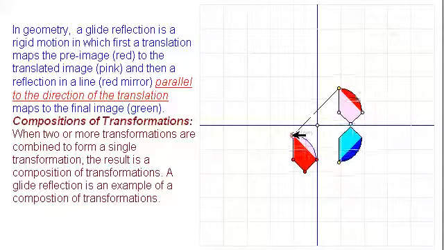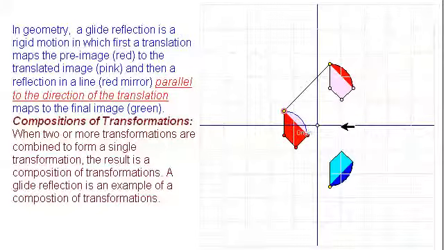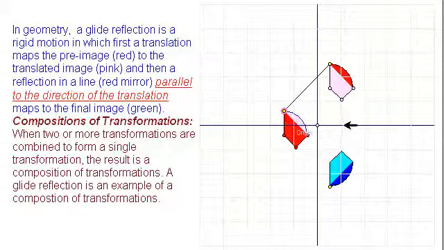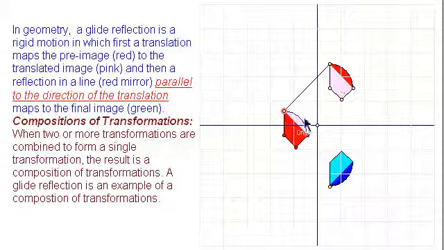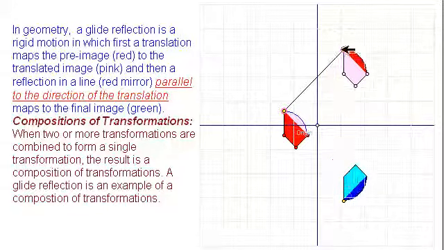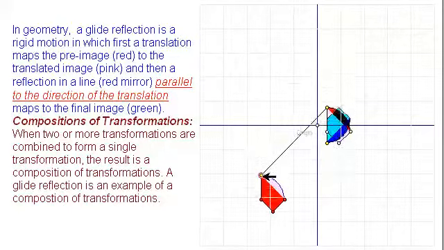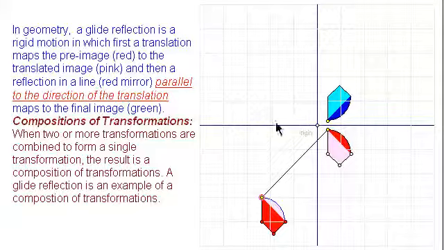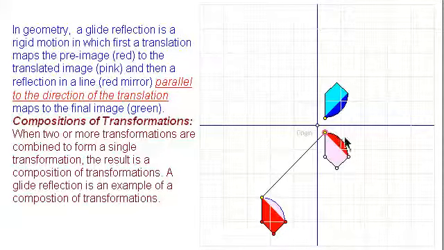When there is a reflection across the x-axis, you can see the distance is same from this point to the line of reflection, which is the x-axis, and then the corresponding point of the blue image to the line of reflection, which is the x-axis. In this case it is the same. So the line of reflection in this case is the x-axis. It is not the line of reflection which is parallel to the line of translation.